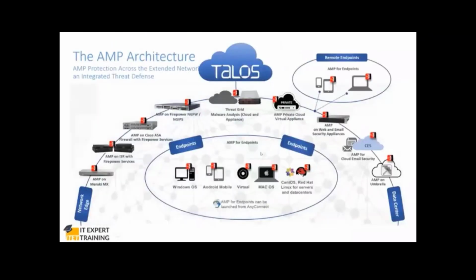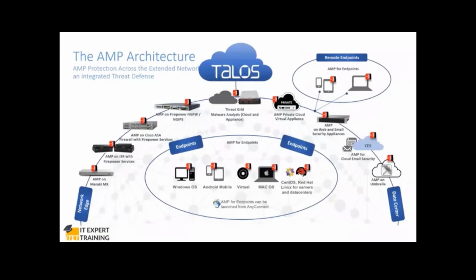Now coming to the AMP architecture. With AMP everywhere, an organization can deploy a security architecture that shares information and provides integrated threat defense from network edge to data center to endpoints across all attack vectors.